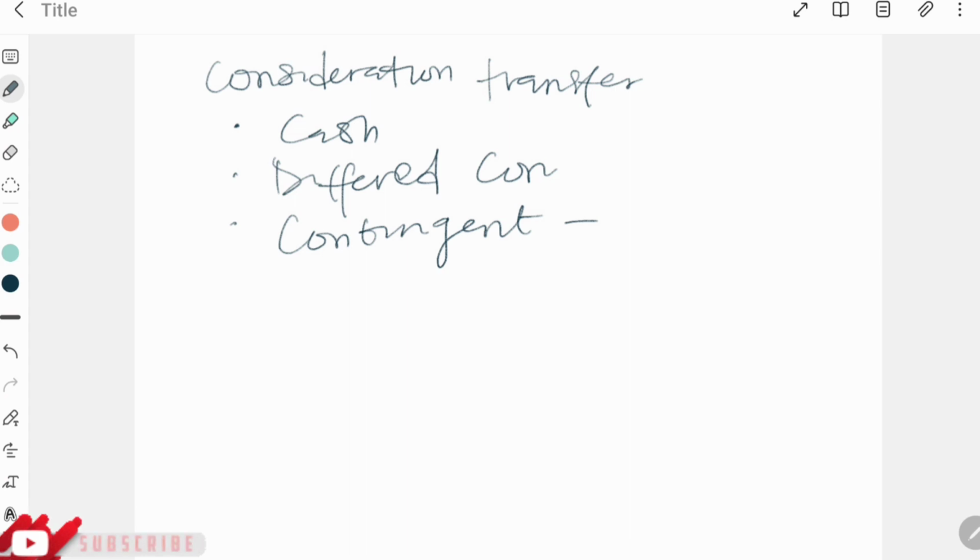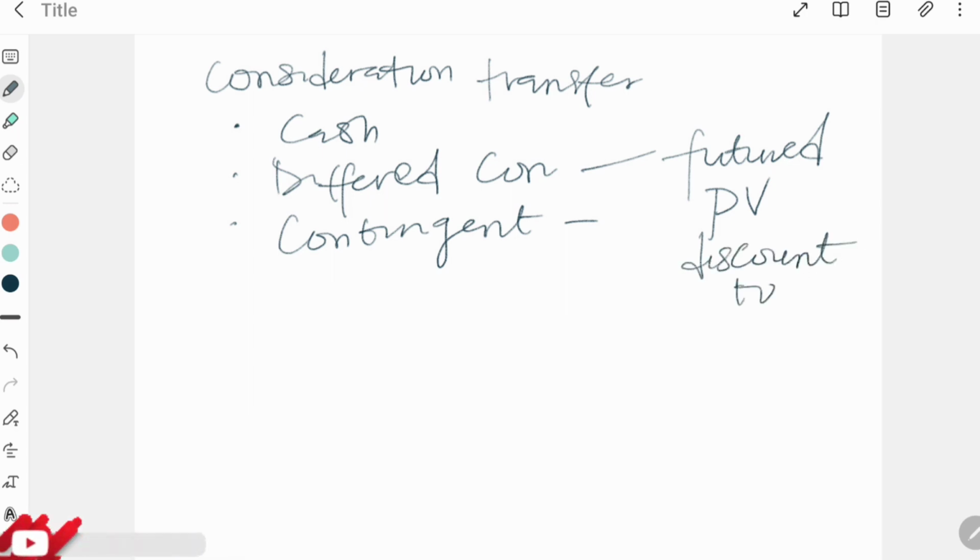Remember, if you tender deferred consideration, that is the amount to be paid in the future. It is not conditional on anything at all. You have agreed to pay that money. Make sure to bring this to present value. You're going to be discounting it to present value at the beginning of the acquisition, at the beginning of the year.